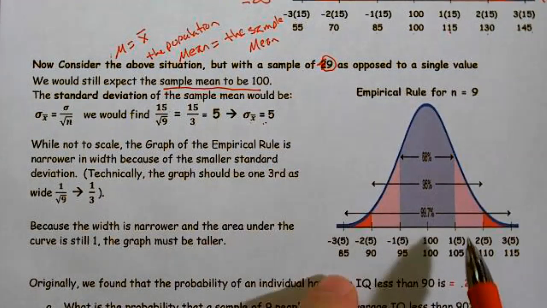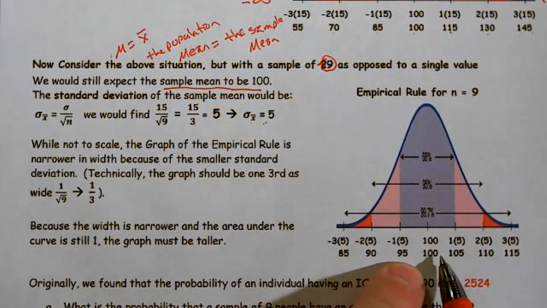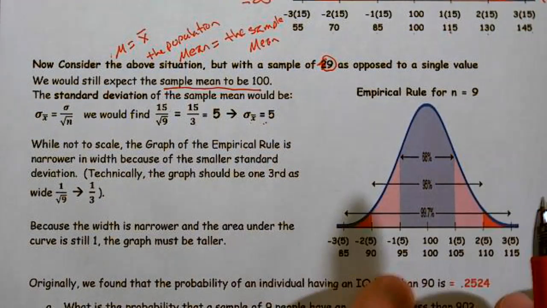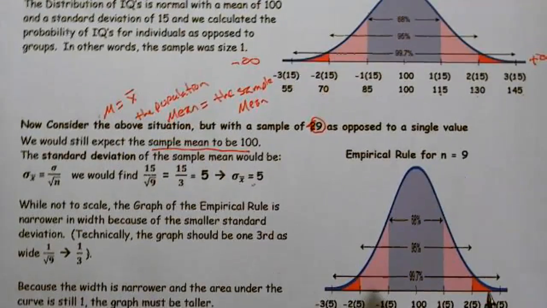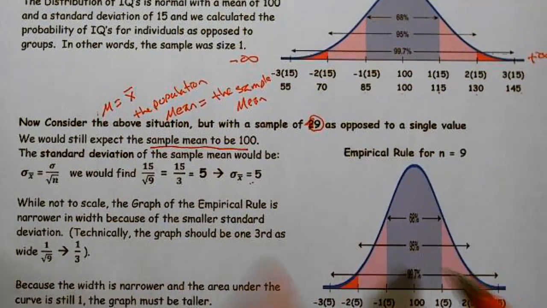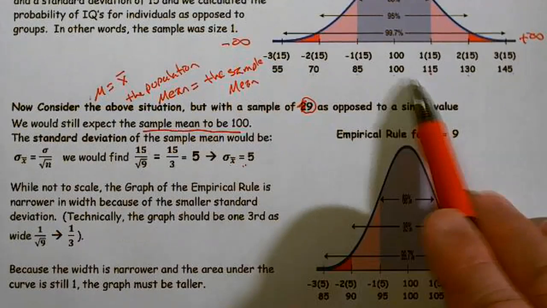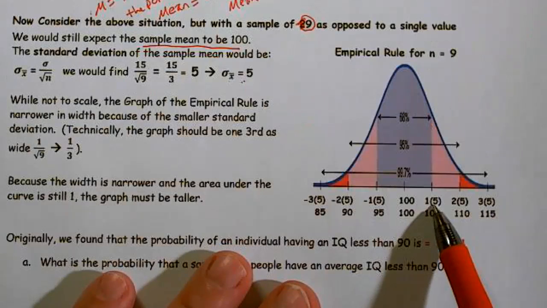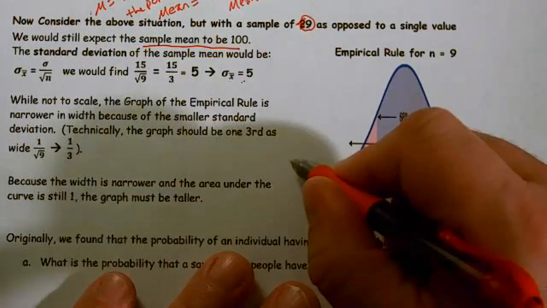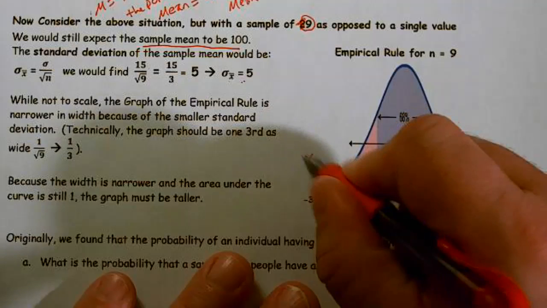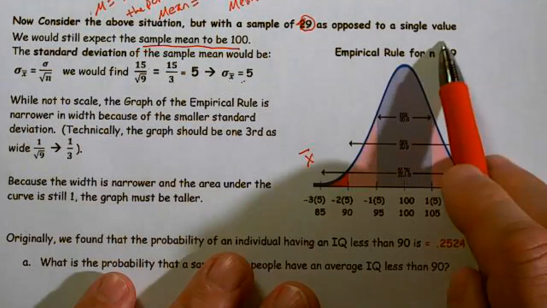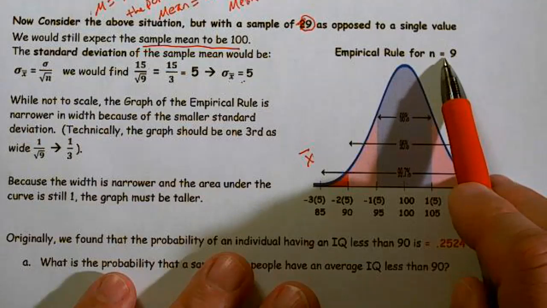When we do that, now our graph gets a lot taller. Now these aren't to scale, but I tried to make them as close as I could. So now instead of having a standard deviation of 15 up here, we're working with a standard deviation of 5. Why? Because this is for the X bars, where we have a sample of size n.